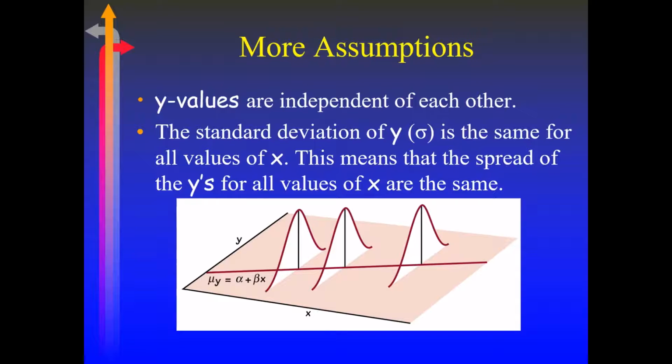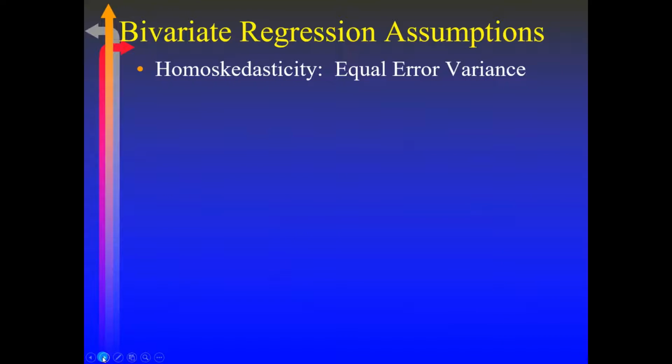Let's say the tunnel has a width of 25 feet at the base, it would be that way all the way through. It would be consistent. All of these would have the same standard deviation all the way from beginning to end in this population scatter plot. Again, you're thinking, how can I possibly check that assumption? Let's just hold off on that.